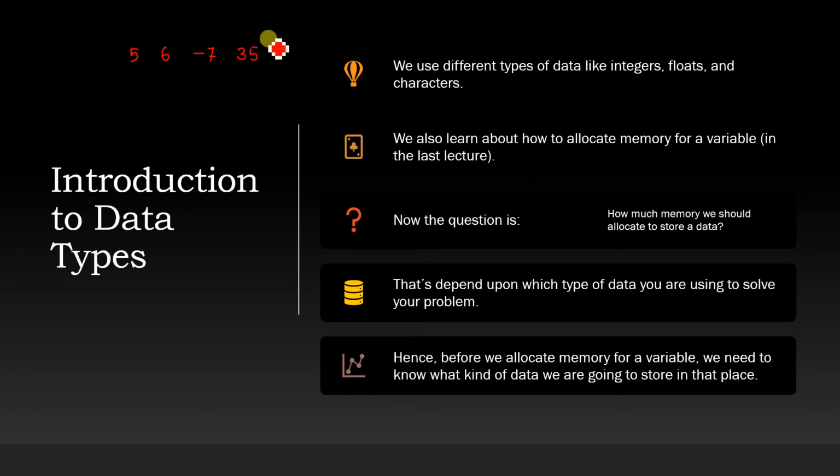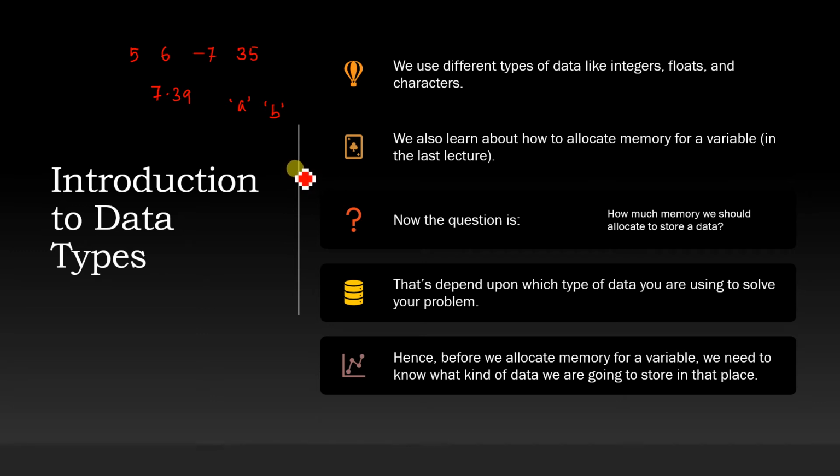We are also using float data. Float means any number which consists of a decimal point. Let's say 7.39. This is a floating point number. We also use characters like A, B, C. So we come across different types of data in our day-to-day use.